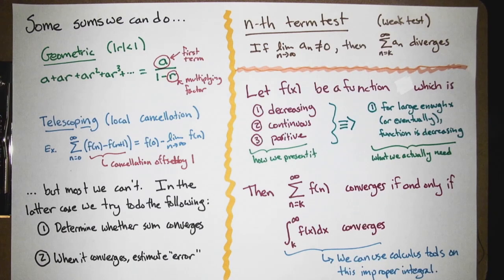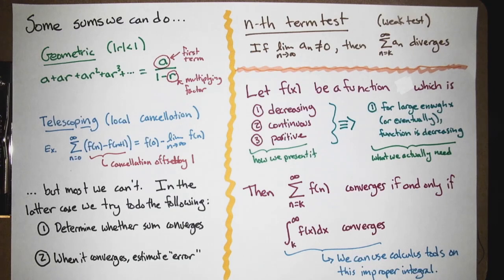But ultimately, we just need it to be decreasing, and more precisely, eventually decreasing. It doesn't have to be decreasing everywhere. It only has to be decreasing in the tail. When we talk about convergence, it's not the start of a sum that matters.